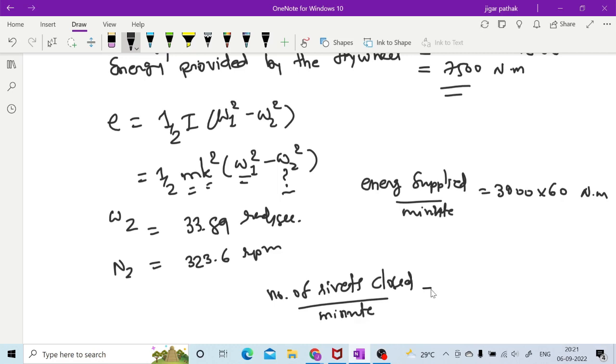How can you calculate that? The number of rivets closed per minute is given by the energy supplied per minute divided by the energy required for one riveting operation, which we have seen earlier is 12,000. So whatever energy is provided per minute divided by the total energy required for one riveting operation will give you how many rivets can be closed in 1 minute. That is 15.